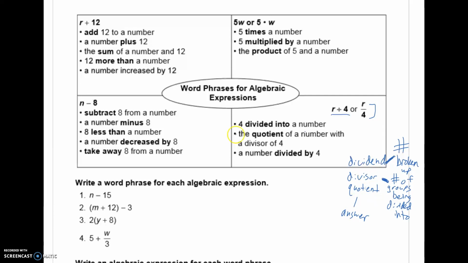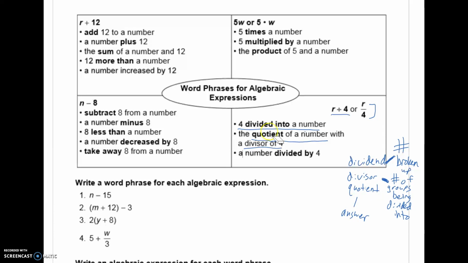Okay, so for this first one, 4 divided into a number, some number being broken down into 4 groups is what that's saying. So the number being broken down is R, and then it's 4 groups, divided by 4. The quotient of some number with a divisor of 4. Okay, so there's 4 groups. Some number being broken down into 4 groups here.